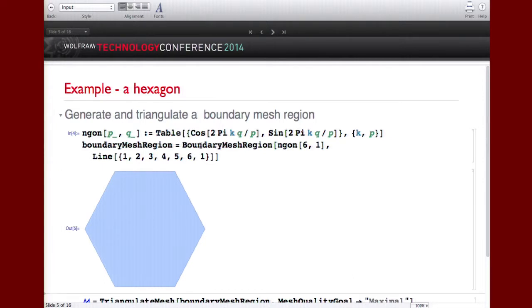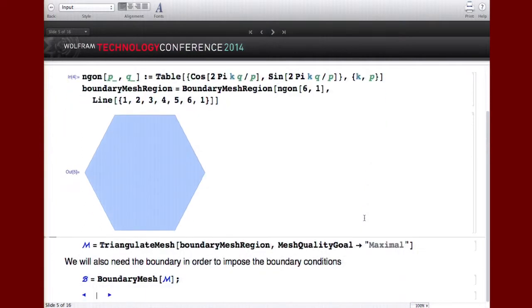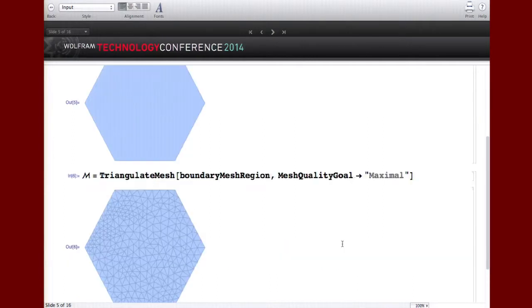I just generate the boundary points, and then I form a boundary mesh region from this hexagon, and then I have to tell it what order I'm traversing things in, and of course I have to close it up. Okay? So I generate that, and I can then generate a mesh, so I can triangulate it.